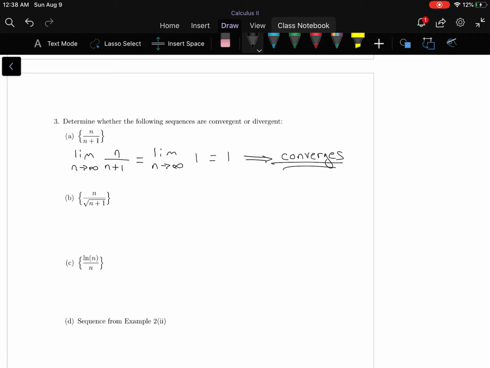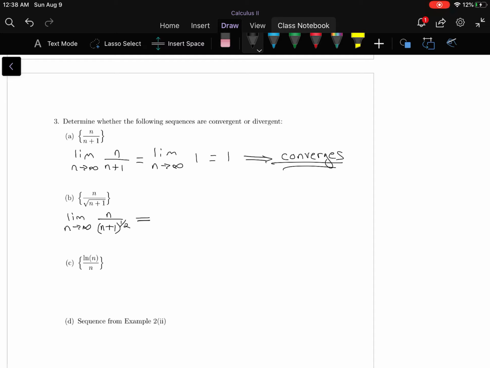Now let's go through the same idea for the second one, part B. We want the limit as n goes to infinity of n over the square root of n plus 1, or n plus 1 to the half. There are a few tricks that you could use.